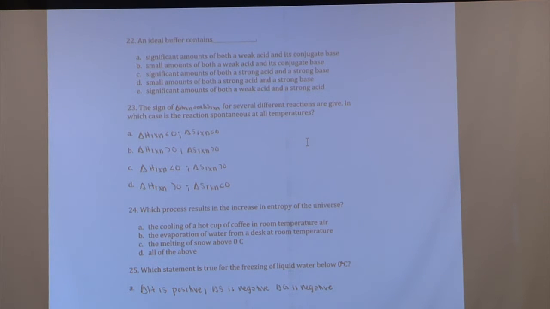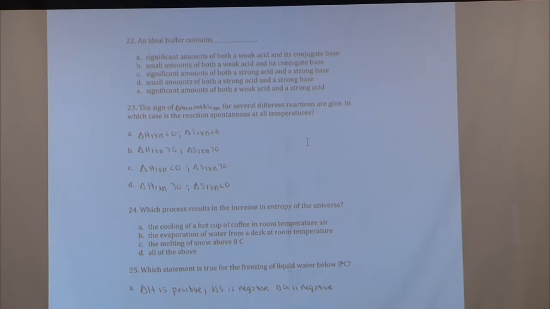Okay, number 22 says, an ideal buffer contains what? A, significant amounts of both a weak acid and its conjugate base. B says small amounts of both a weak acid and its conjugate base. D says small amounts of both a strong acid and a strong base. Or E, significant amounts of both a weak acid and a strong base.